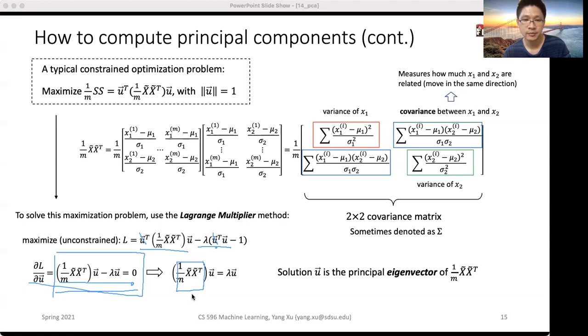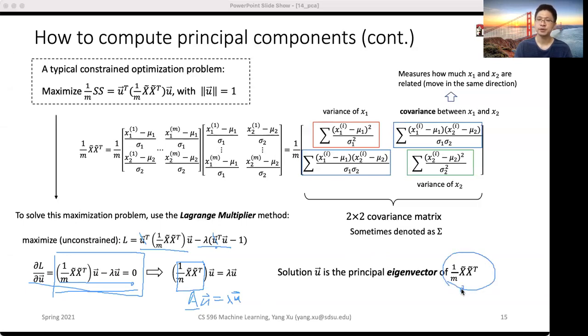So this is a matrix, let's call it A. If A times a vector u equals lambda times u, then we say u is the eigenvector for the matrix A. So we just need to solve for the eigenvectors of this composed matrix.